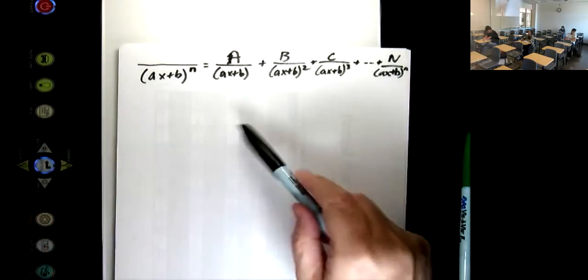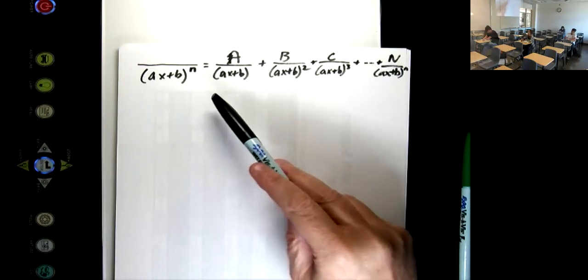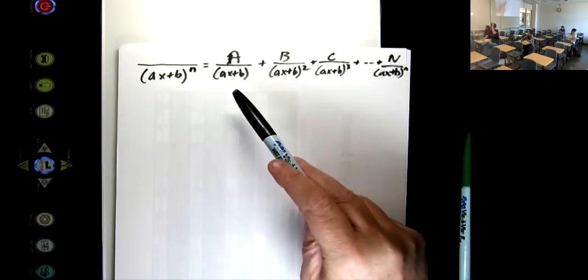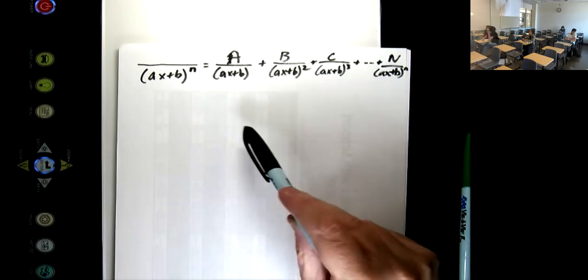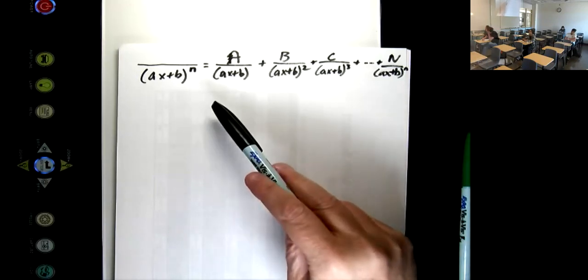Usually this doesn't get bigger than 2 or 3. Usually 2 is the cap. So that's what happens when you have things that repeat.